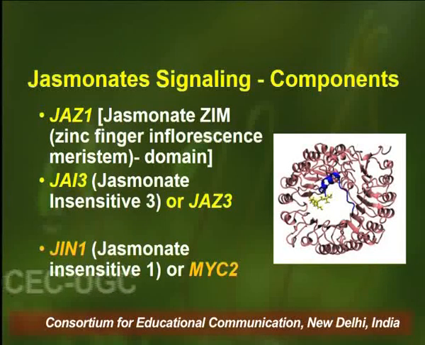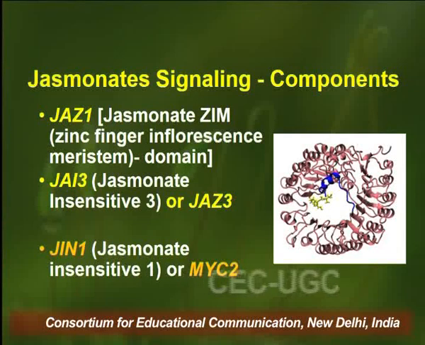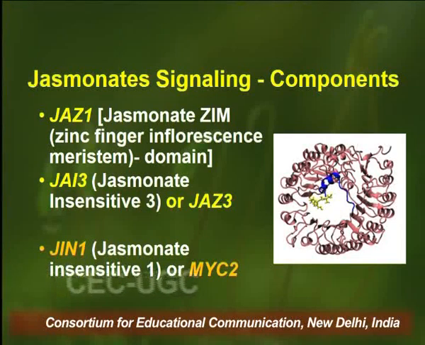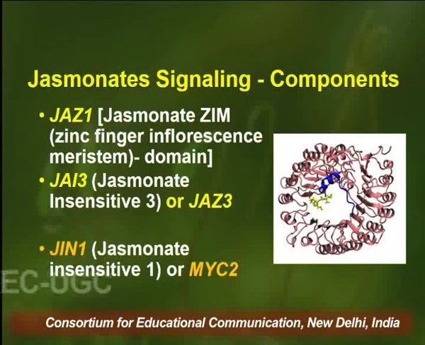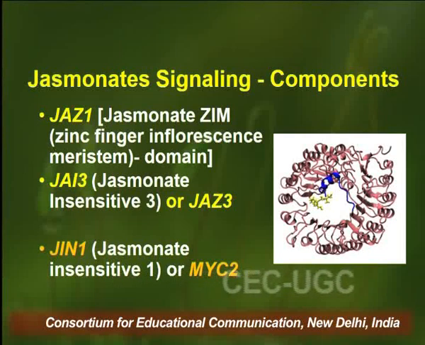JAS1 and JAS3 are repressor proteins which bind to the transcription factors, thereby inhibiting the expression of the genes that are stimulated by jasmonic acid to exhibit various physiological effects. So the SCF complex, JAS1 and JAS3 are the repressor proteins which negatively regulate the jasmonic acid effect.